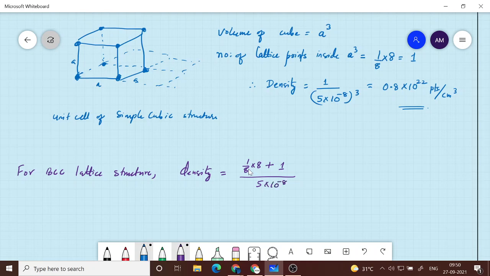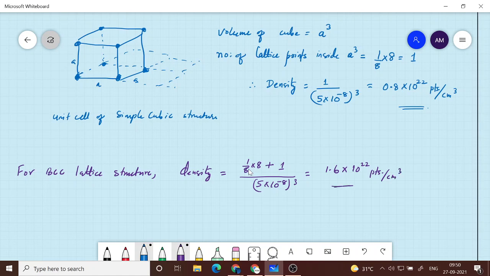For the same A, if you evaluate, you will get 1.6, so it will be double of this: 1.6 into 10 raised to 22 points per centimeter cube.